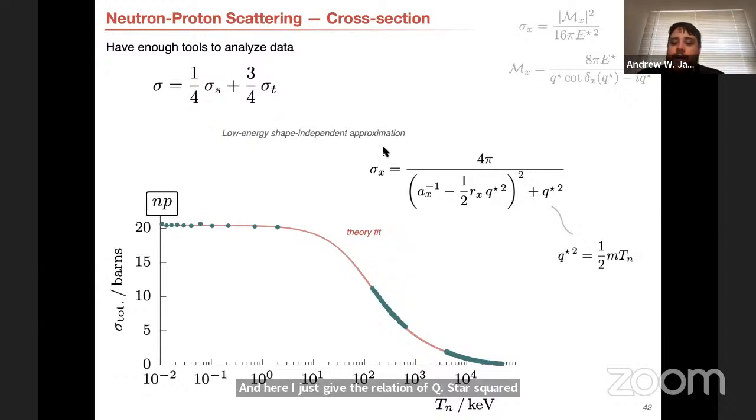So here, really what you have is this individual cross section is a function of these two parameters, which is also a function of the mass of the proton and neutron, and through q star, a function of the kinetic energy of the neutron. So what you could do here is take this form, plug into here. You have 4 parameters you need to fit: a scattering length and effective range for each the spin singlet and triplet.